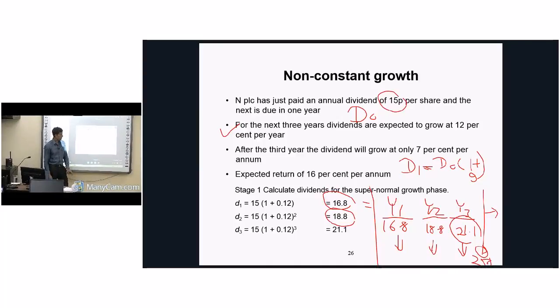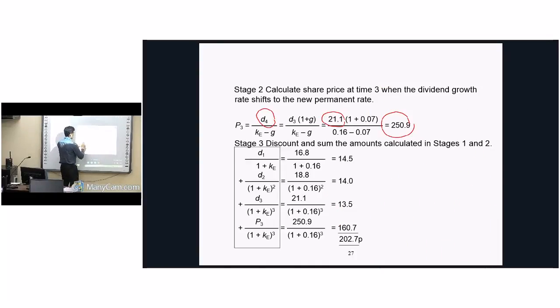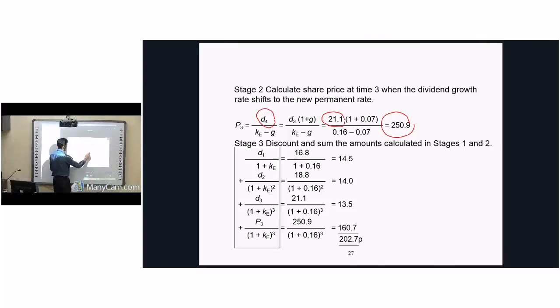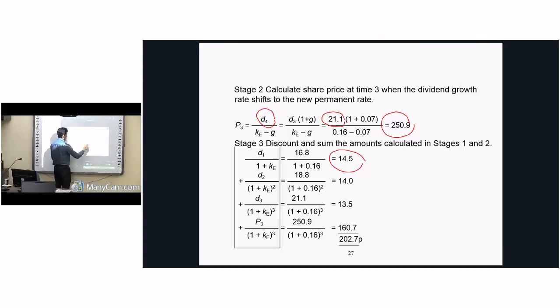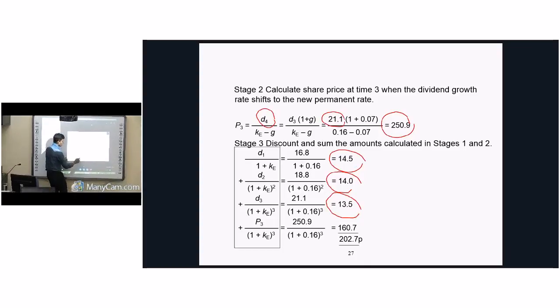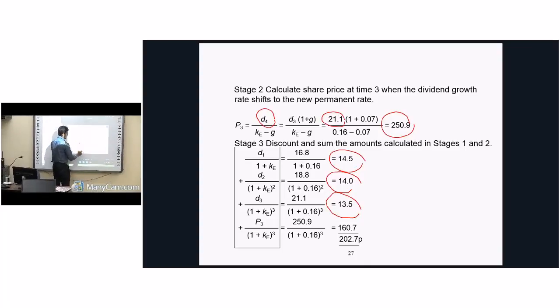So for year 1 we will discount it, year 2 we discount it, year 3 we discount it, year 4 and future we have already got the cash flows. For the end of year 3, you use the same discount rate and arrive at the present value of those cash flows, and if you add everything, you will get the present value of a share.